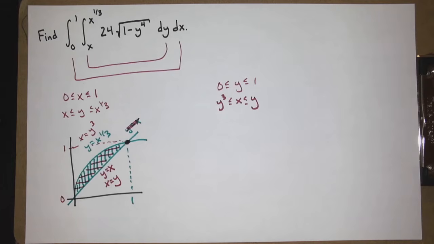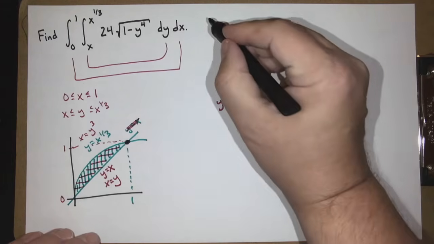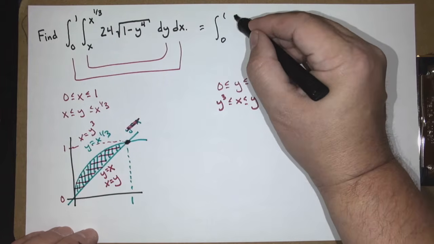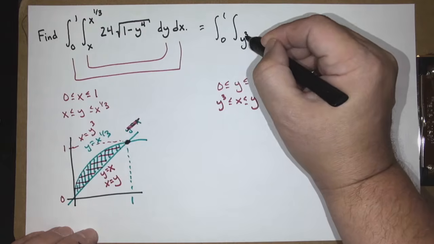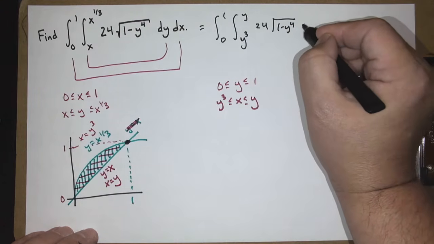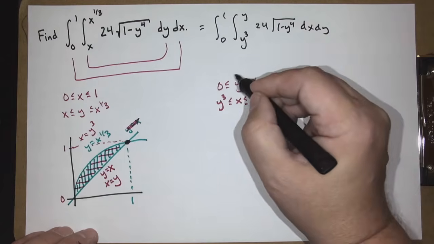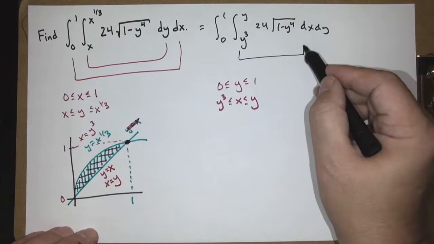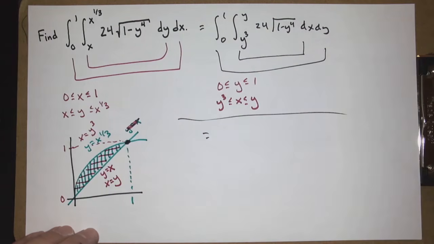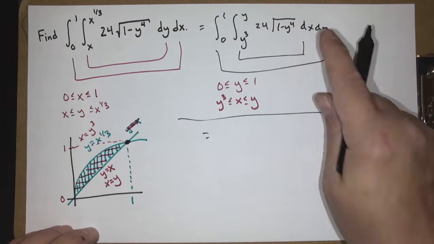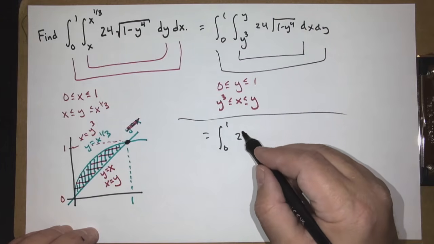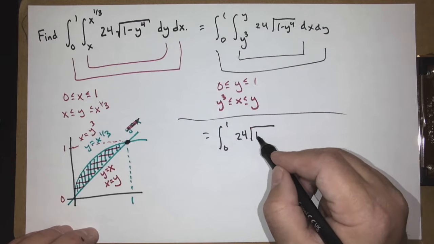So we haven't done anything with the actual integral in terms of integration, but what we have done is we've changed the description. So we get the integral of 24 square root of 1 minus y to the 4th dx dy. All right, so there's the new integral. Well, now we can integrate with respect to x. As has been pointed out, that's an easy integral with respect to x because there's no x's.